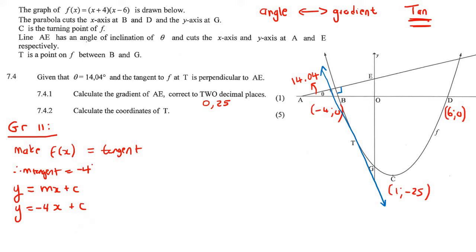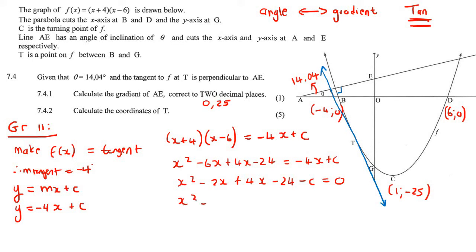So that's going to be x plus 4 times x minus 6, because that's the parabola, and you're going to make that equal to the tangent. Okay? Then I just want you to get everything to the one side. So let's quickly multiply all of this out, and then we're just going to put all the like terms together.